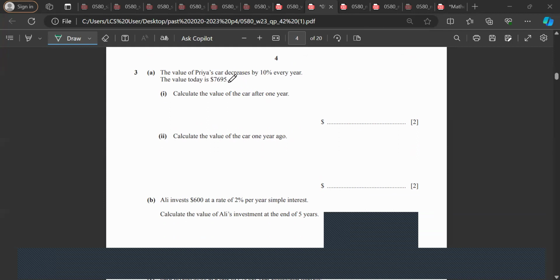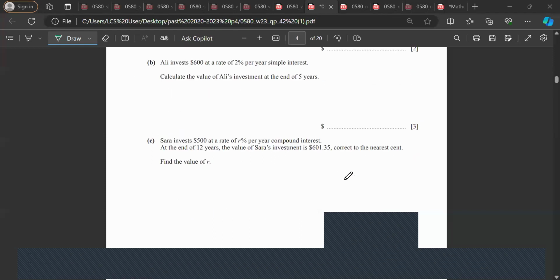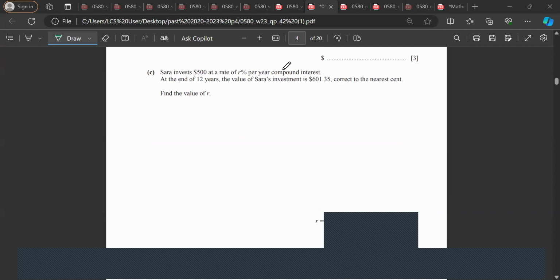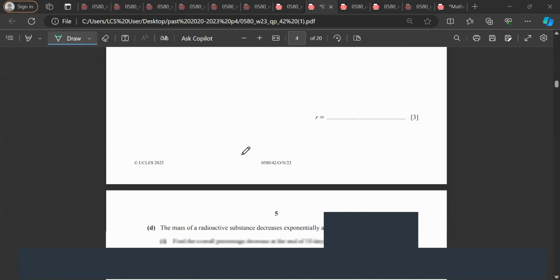Then after 1 year, it decreases, so you will subtract it, and here you will add it. And here is simple interest. But after getting the simple interest, you will get the interest added to the 600. It will be the whole investment. And here also you will substitute all the numbers and get R.